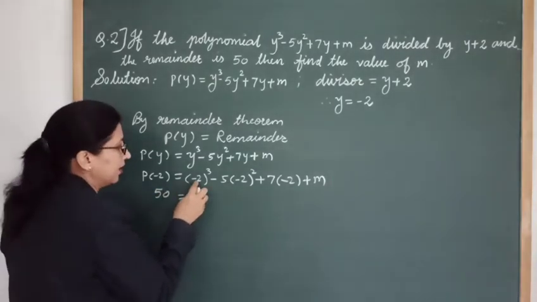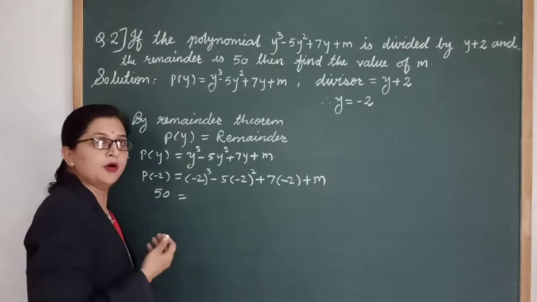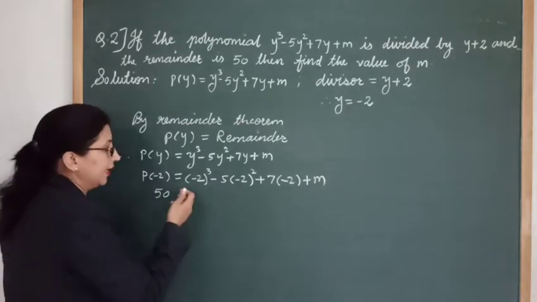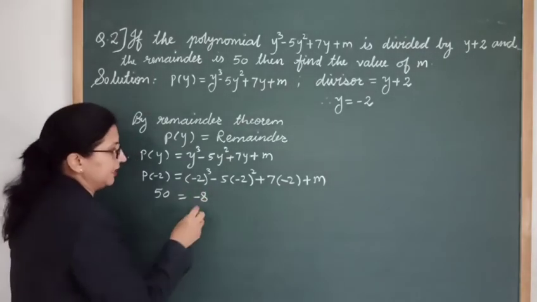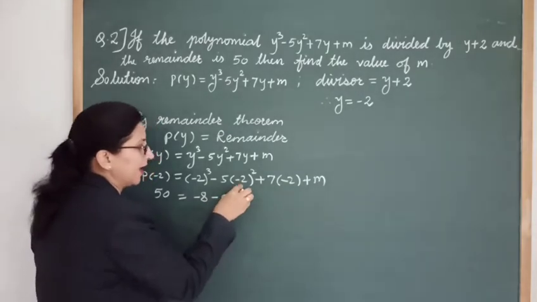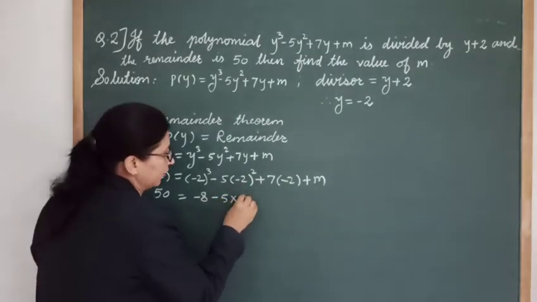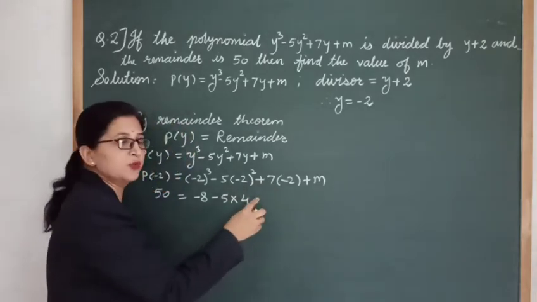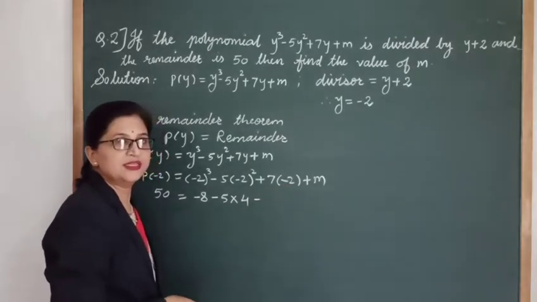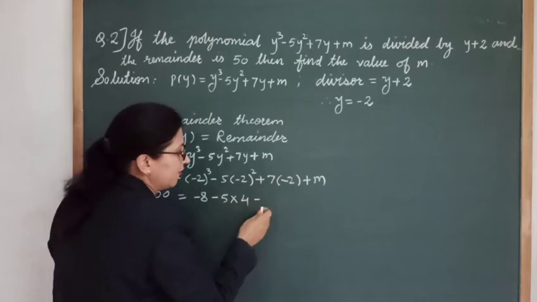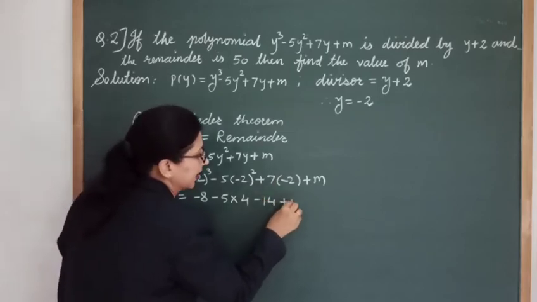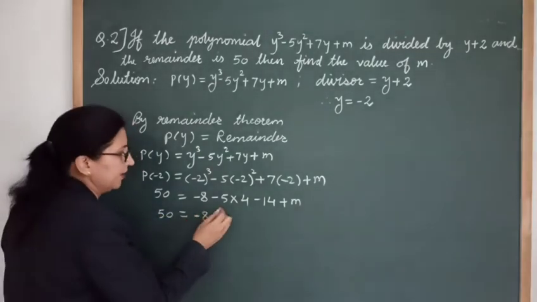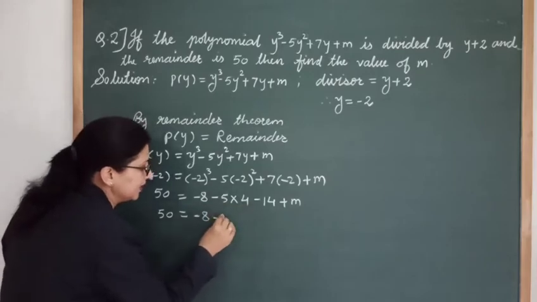We know that the cube of a positive number is positive, the cube of a negative number is negative. So here the cube of -2 will be -8. Now 5 multiplied by, first we find the square of -2. So it will be positive 4. Now 7 is positive multiplied by -2. Product of different signs is negative. So 7 twos are -14 plus m. Okay. So here 50 is equal to -8. Now here -5 into 4, that is -20.